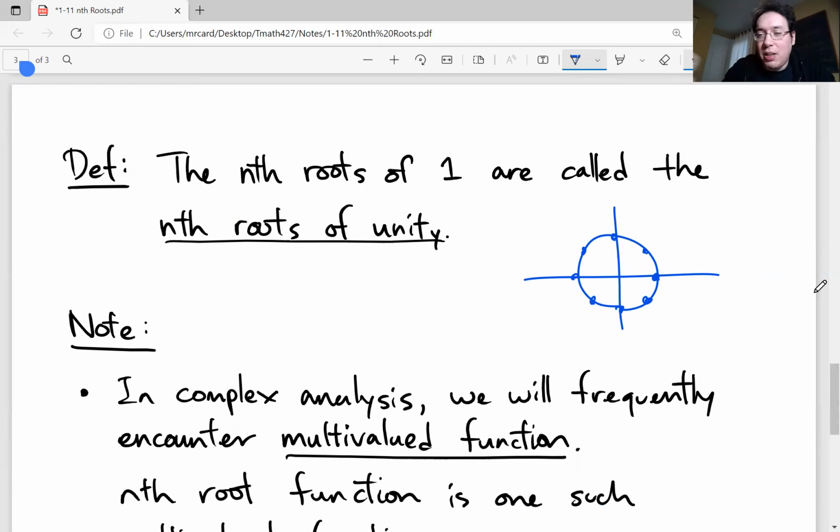This solution of taking equally spaced angles kind of gives you an insight into why there was a weird rule in the real roots. You could see that if you were taking even numbered roots over real numbers, then there are 2 answers that lie on the real axis. And if you're doing odd roots of unity, then only the positive root will be on the real line, and so on.